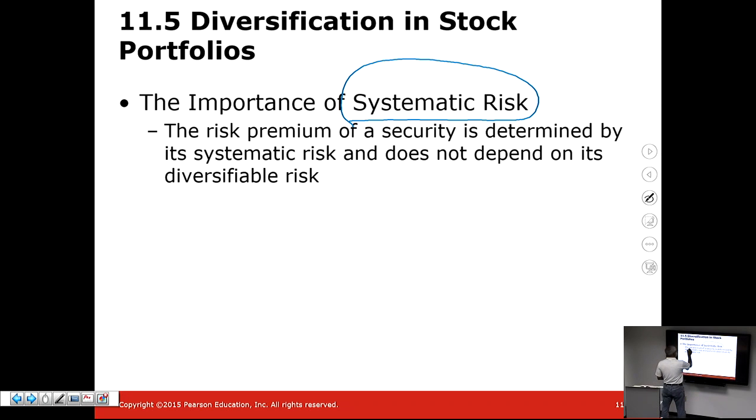So the risk premium, the compensation that we receive for investing in risky securities, is a result of the systematic risk of that security and not the diversifiable risk of that security. That's very key. It's a key insight.